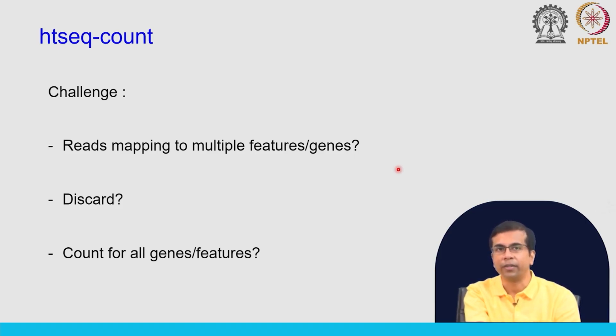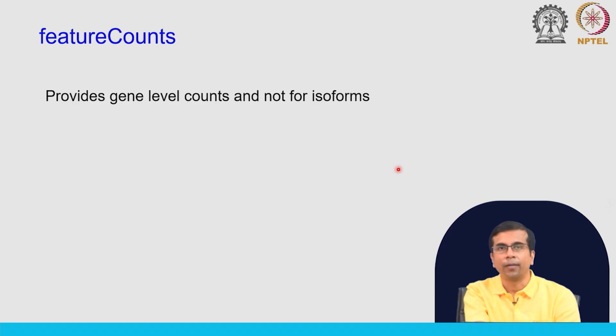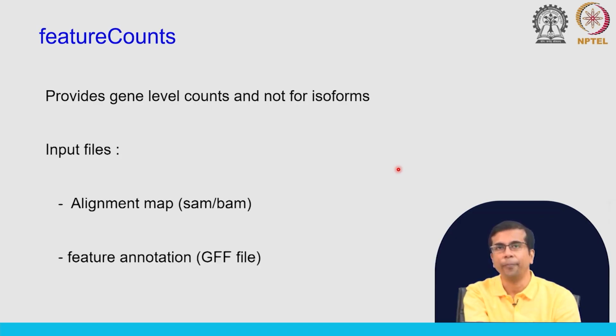Of course, there are more sophisticated models that can deal with reads that map to multiple features or multiple genes. There is another tool called featureCounts, which is very similar to HTSeq-count. It provides gene level counts and it will not provide any count for isoforms, right. Again, as we have seen, doing this for isoforms is very difficult, identification of isoforms, especially from short read data.